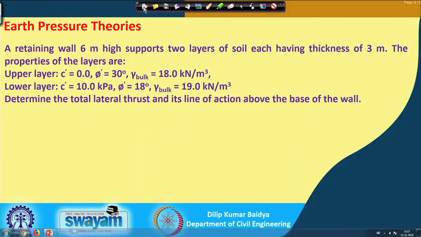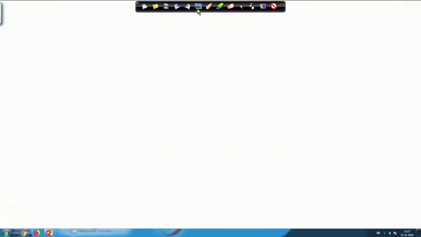Let me take a new page and do it. You can draw the 6 meter high wall, suppose this is the wall, and at the middle there is a layer, and this is the first layer.